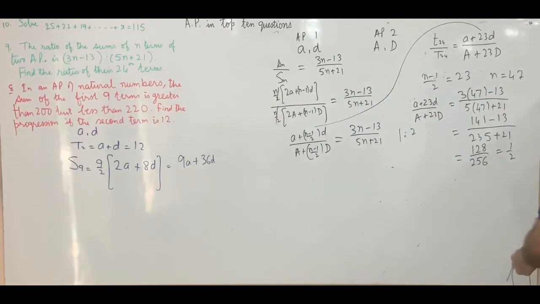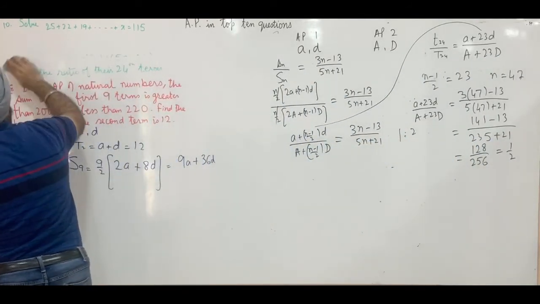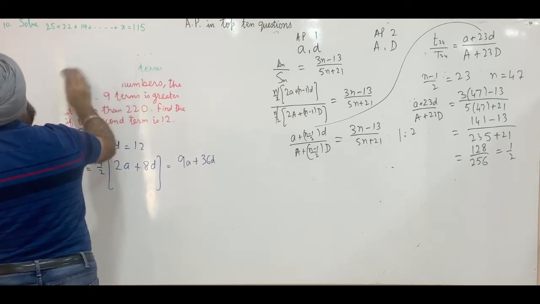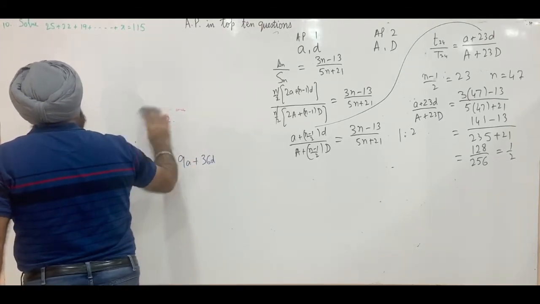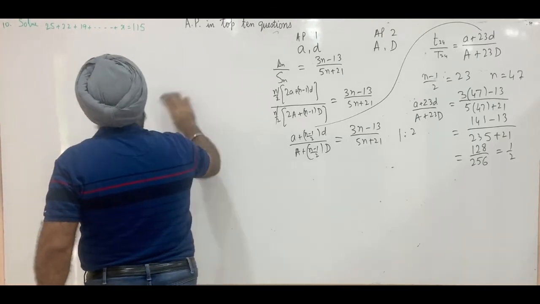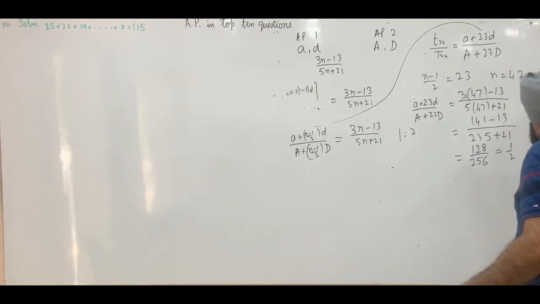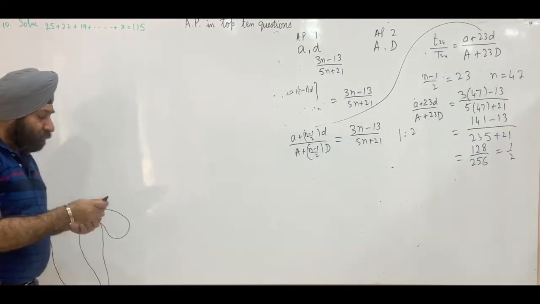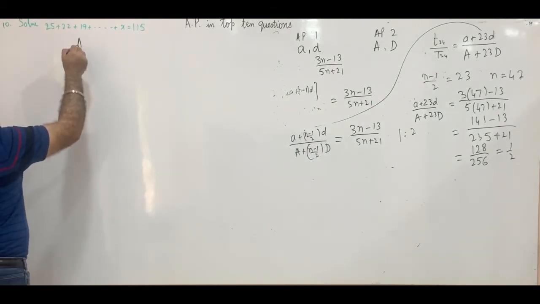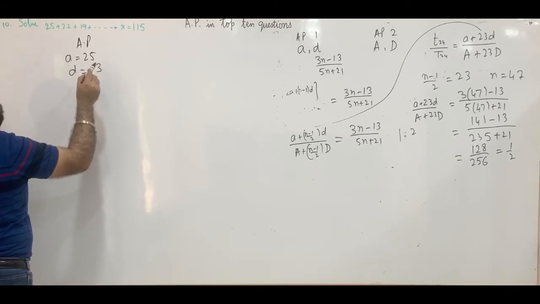The last one, we have to solve for x. Given that the sum of the AP 25, 22, 19 and so on up to x is equal to 115. So let us say there are n terms, and x is the nth term. We identify that this is an AP, the first term is 25, the common difference is minus 3.